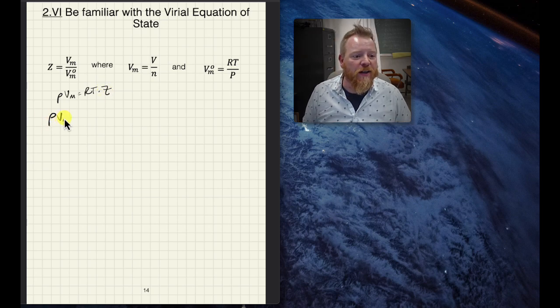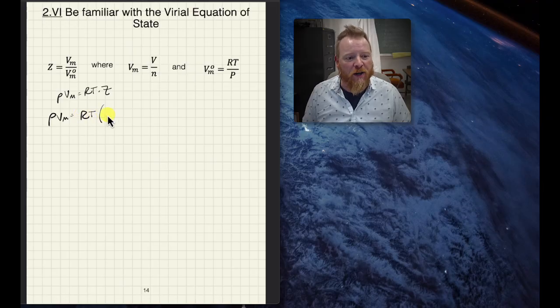So that is done in the following. P times Vm equals RT now times the quantity 1, which is the ideal Z value. And we're going to do this as an expansion of powers. So now this is plus a new term, capital B, over Vm, plus capital C over Vm squared.